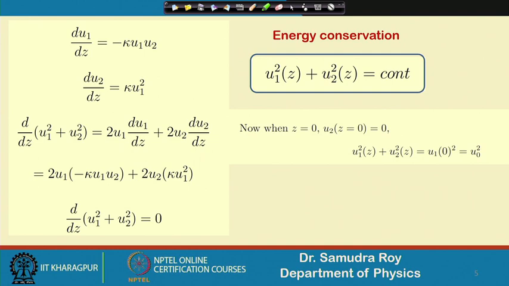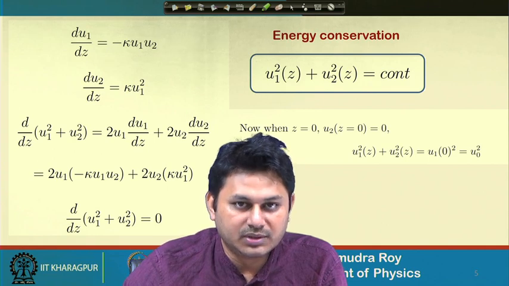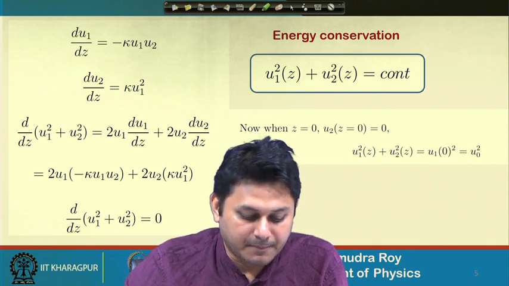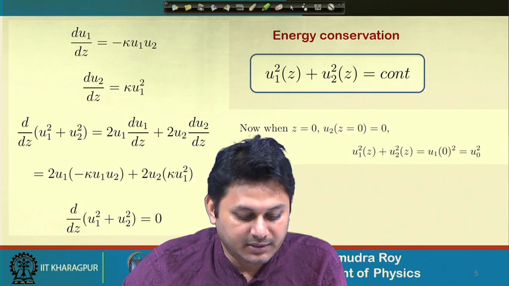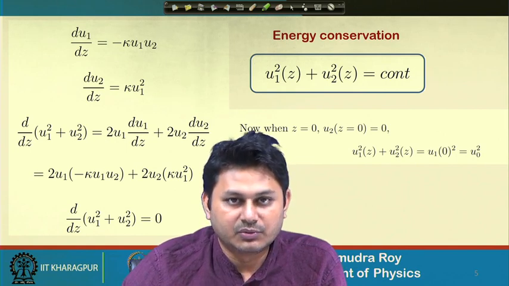Once we replace these two values, readily we find one equation: 2 u1 times minus kappa u1 u2, plus 2 u2, and then du2/dz is replaced by kappa u1 square.